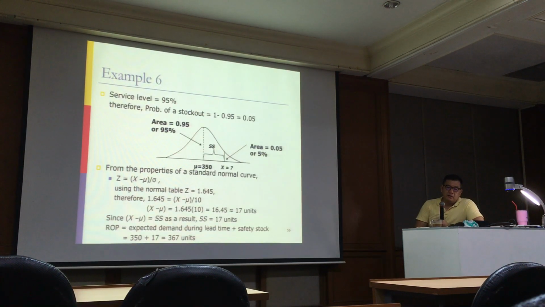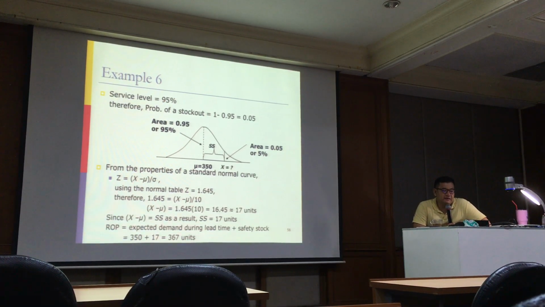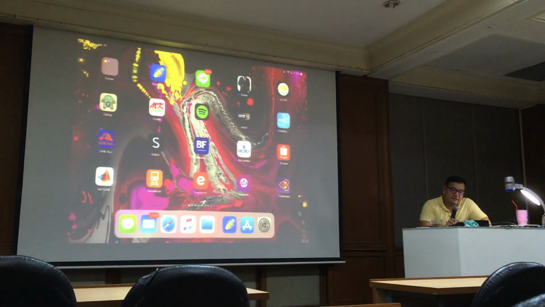Because service level is 95%, the probability of stock out is 0.05 as I mentioned. So from Z equal to X minus mu, or X bar, divided by the standard deviation, right? The area under the curve is 0.95, so you need to open the normal distribution table.